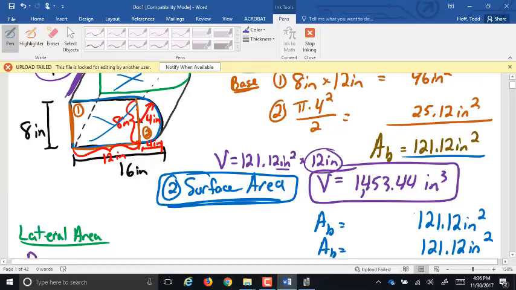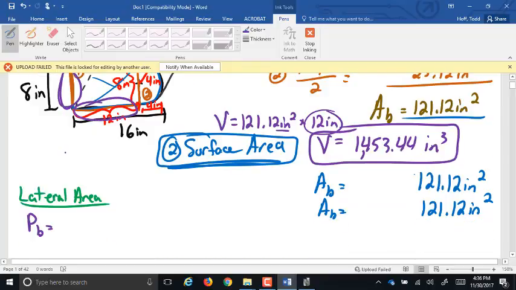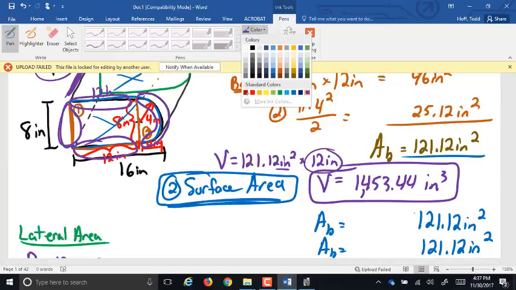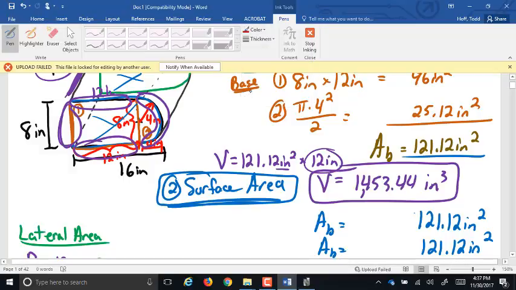The perimeter of the base, we have 16 inches. There's not 16, that's 12 inches we found that to be. 12 inches, 8 inches, and another 12 inches. Plus the distance around this half circle here. That distance is going to be half the circumference.